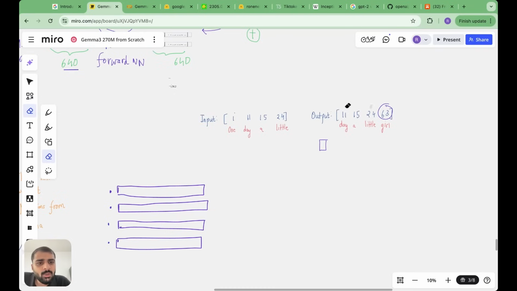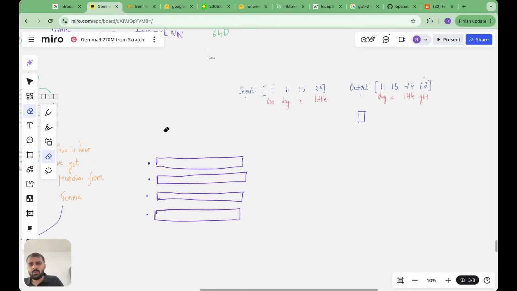Now this input, which is token ID number 1, token ID number 11, 15 and 24, has passed through this entire architecture which we have seen, and what comes out is this 4 times 50257 dimensional matrix.